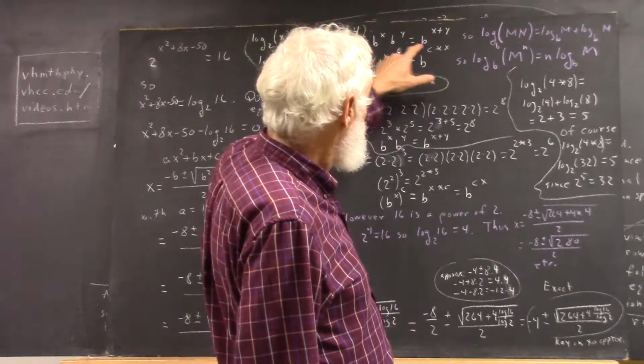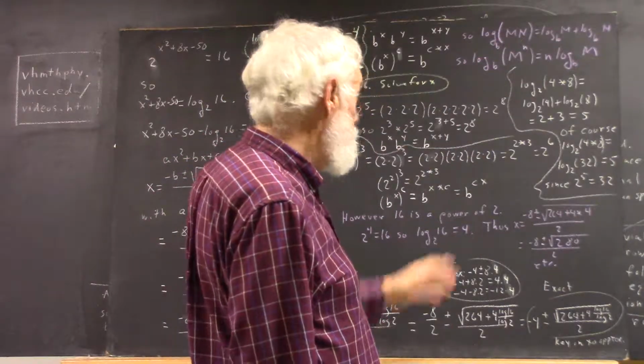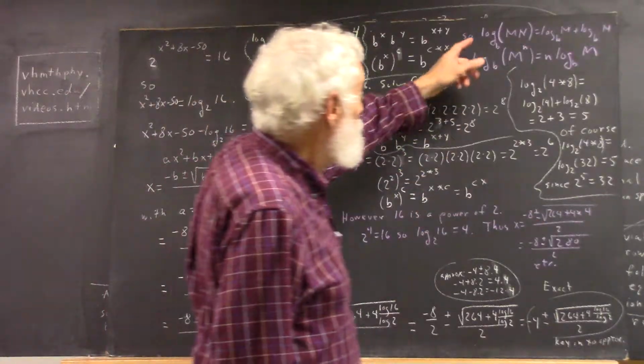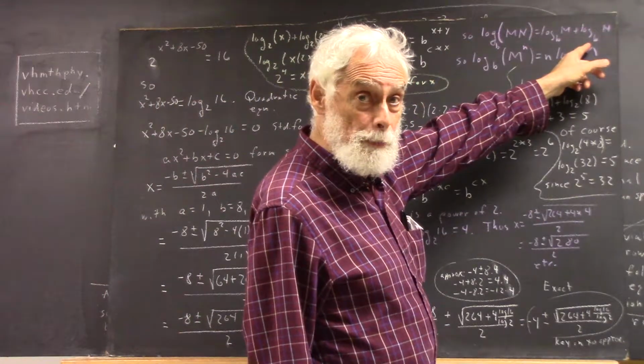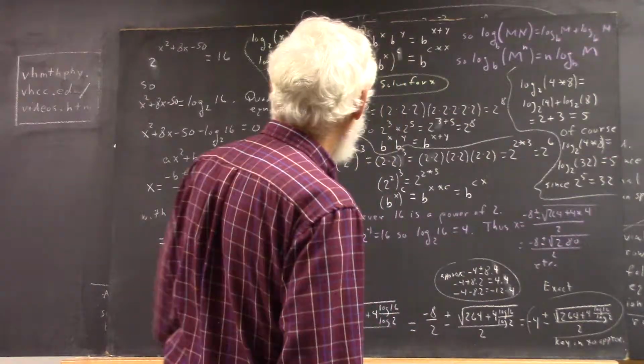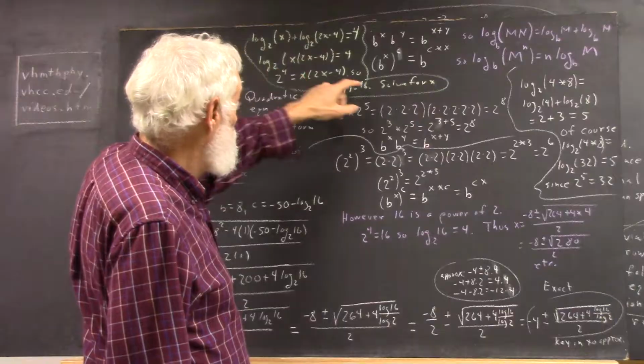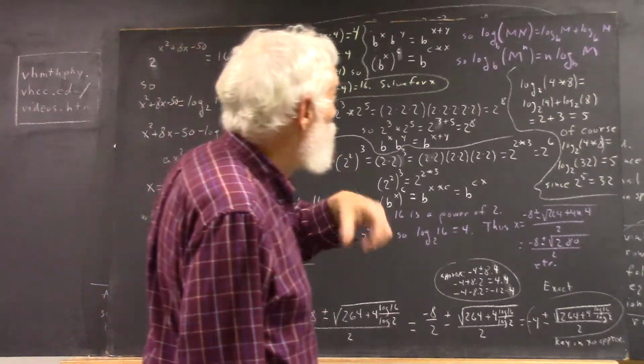This is just the flip side of this rule. We might or might not get into a deeper explanation of that, but we do have this rule, and this rule is going to be very handy in solving an equation. That's exactly what I used to solve this equation, or at least to get the equation into the form that we can solve.